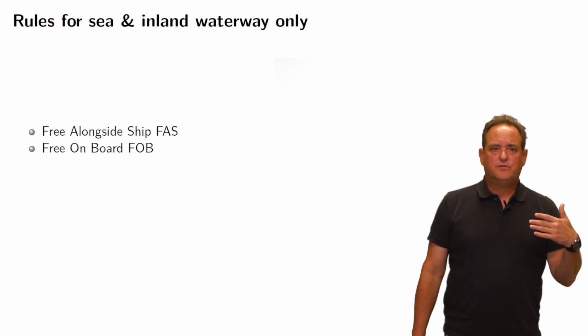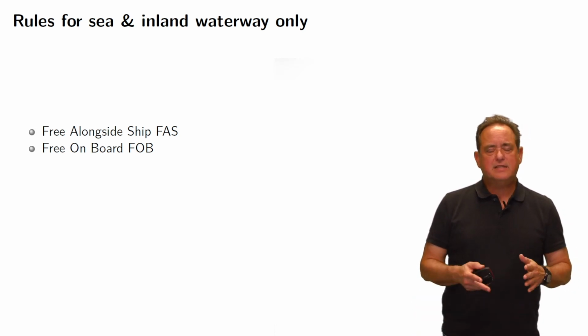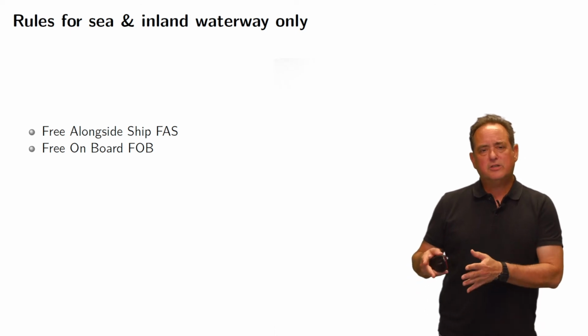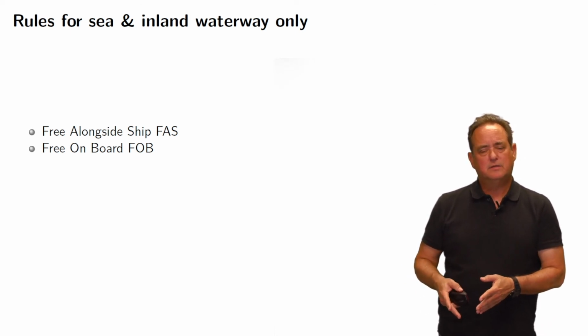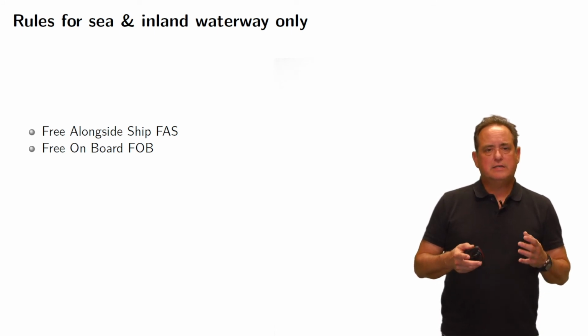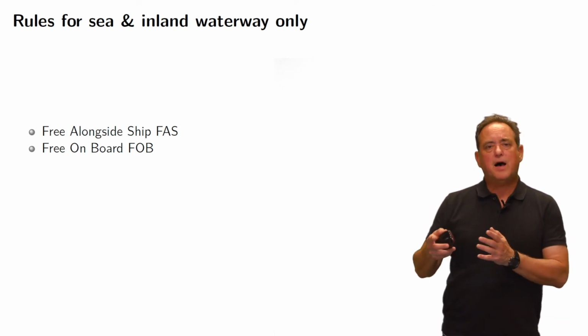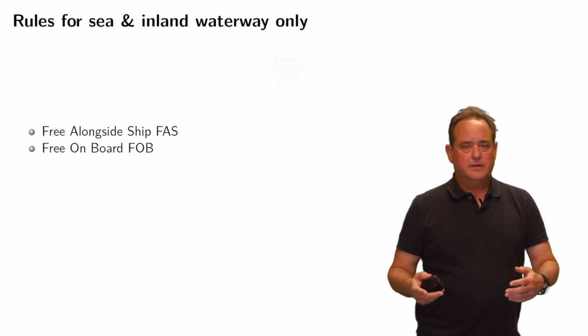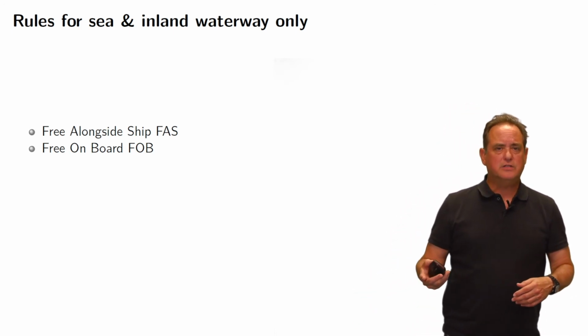FOB, free on board, means that the risk of loss passes when the goods are actually on board the ship. The key distinguishing characteristic is the possibility of damage while being loaded. The container falls into the ocean.